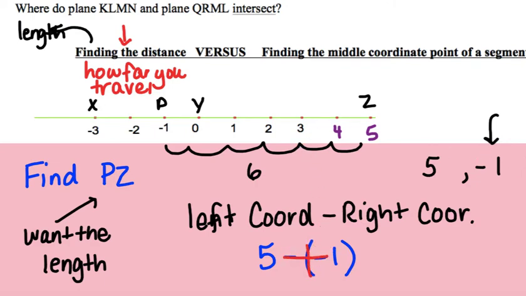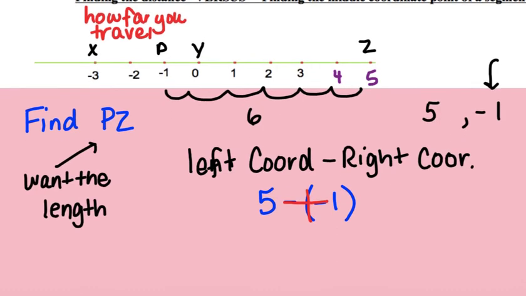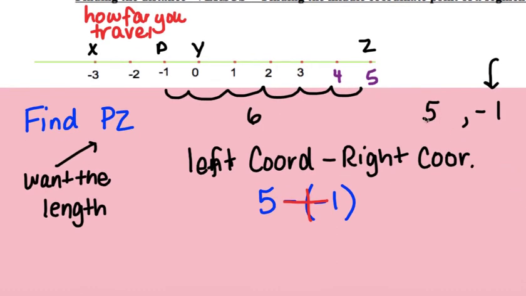Another way that you can find distance is you can actually think about the number's absolute value. So you can add the absolute value of the numbers, meaning the distance from 0 to -1 is 1 unit. That means the absolute value of -1, plus 5 is away from 0, the absolute value of 5.